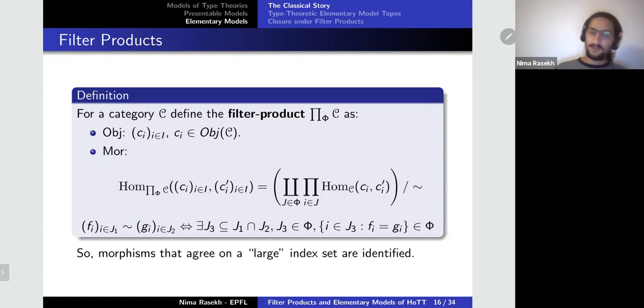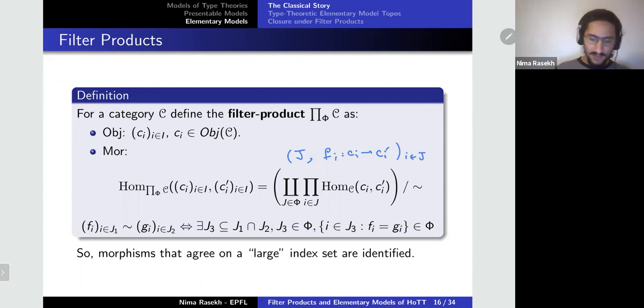But the morphisms are weird. The morphisms are, you should think of it as a tuple. A morphism is a choice of J inside phi, an element, a large subset, and then a choice of maps f_i from C_i to C_i prime for each i in J. You choose a subset, and then for each element of the subset, you choose a map.